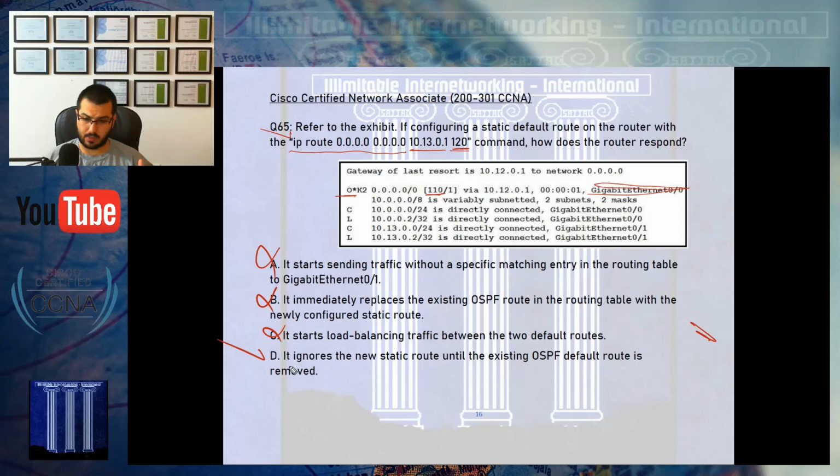But once the OSPF with the AD of 110 goes down, then this one with a higher AD will be installed and shown here instead of the OSPF and will work. So it's either by removing the OSPF or disabling the gigabit Ethernet 0/0 interface. Okay, so this will be answer D.